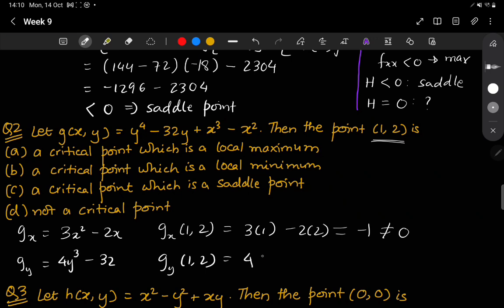So 4 times y cubed. y cubed is 2 into 2, 4 into 2, 8, minus 32. This is equal to 0. So although gy is equal to 0, gx is not equal to 0, as a result this is not a critical point. So the correct option in this case is option D, not a critical point.